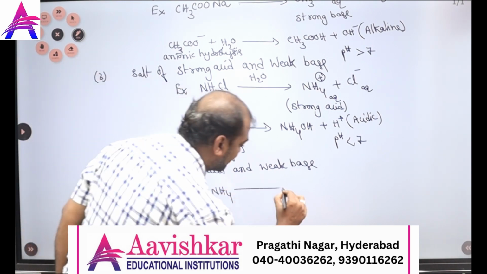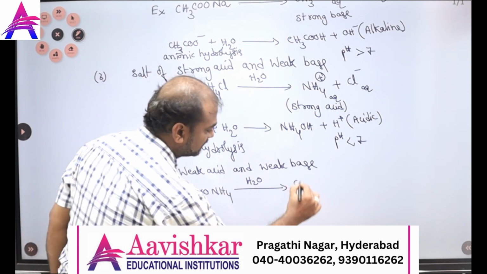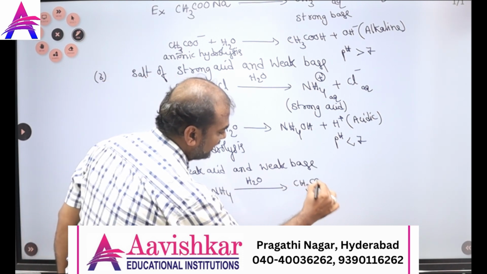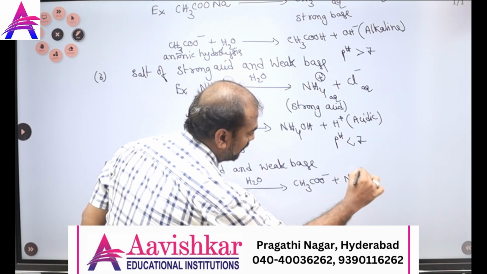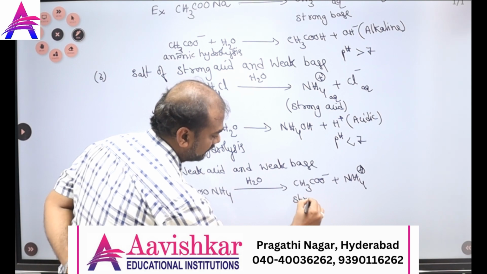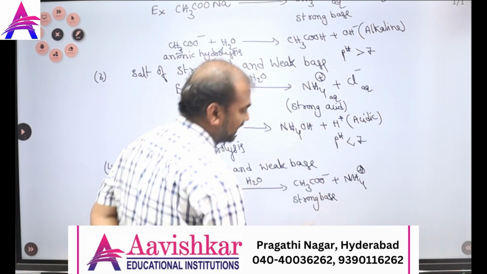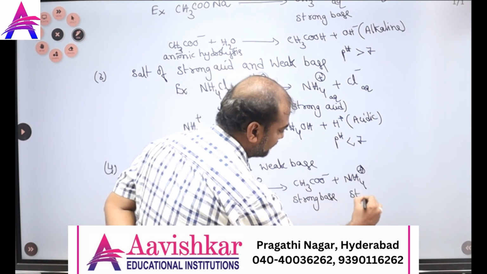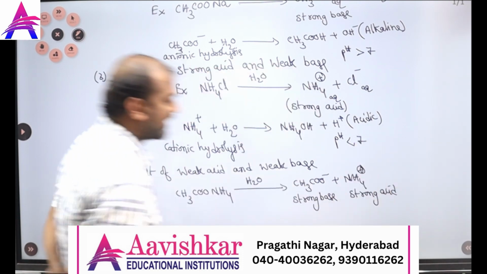When ammonium acetate is dissolved in water, it ionizes to give CH3COO- plus NH4+. Acetate ion is a strong base, and similarly NH4+ is a strong acid. So both react with water.